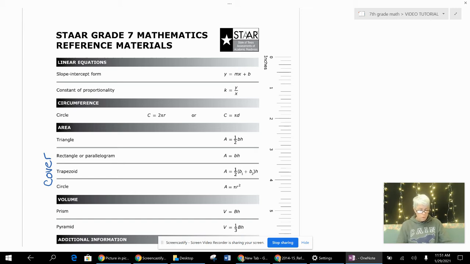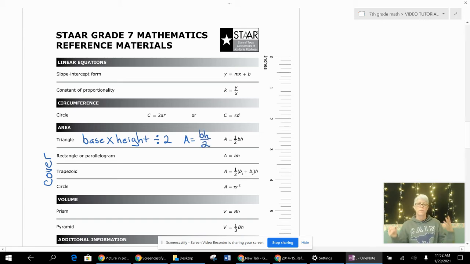And so for the triangle, we wrote this out. It's base times the height divided by 2. We also wrote it as A equals base times height divided by 2.